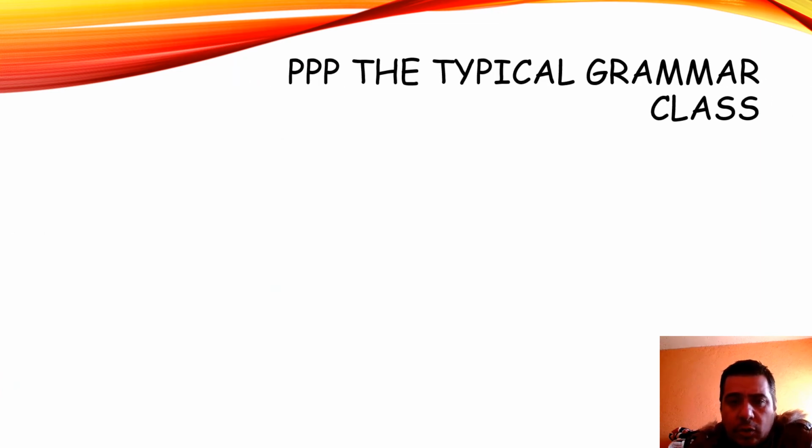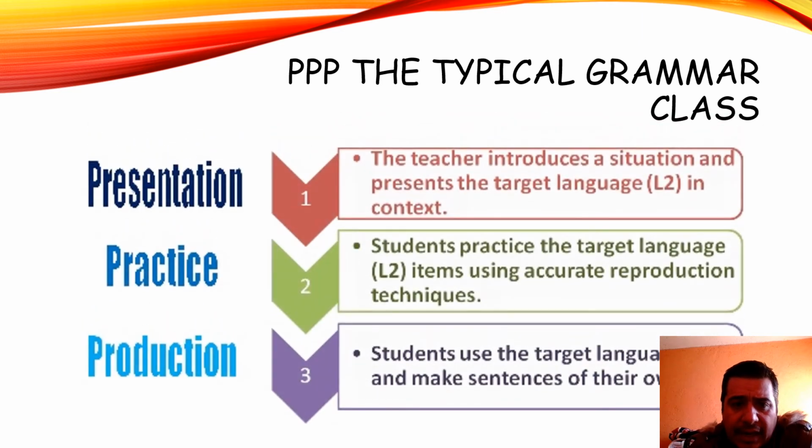A typical grammar lesson could be the PPP lesson: presentation, practice, and production, when we have to explain grammar and then take the students through a practice process, in which the students can perform only grammar structures. I think this is useful and important in advanced levels.